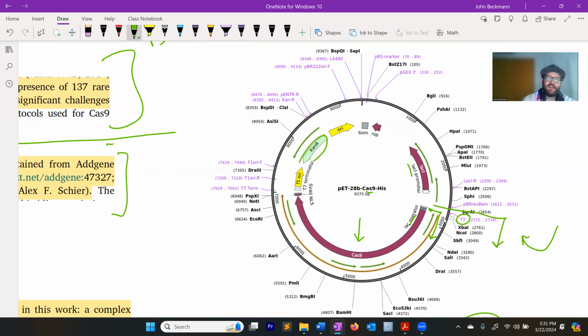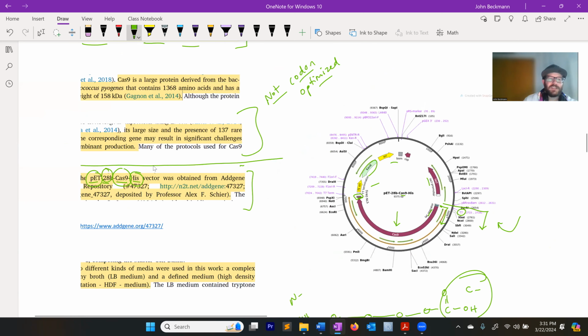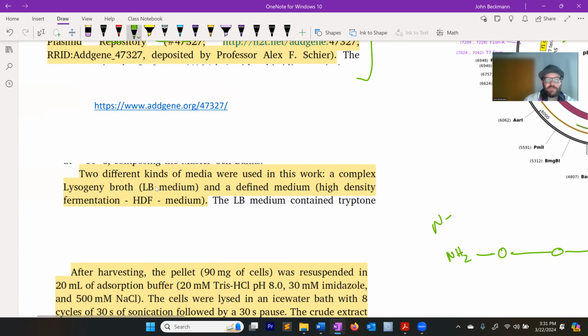What's lacI? That's the inhibitor. So it's got the repressor encoded into the plasmid. And then it's got some other things, some other origins. And is it annotating the His tag? I don't see the annotation of the His tag, but it should be essentially right here. So you should be able to look at the plasmid, understand what it's doing, and understand the parts of it.